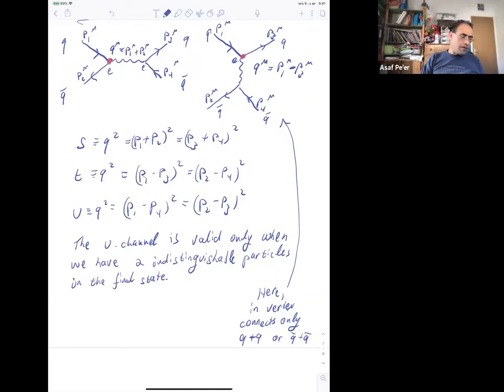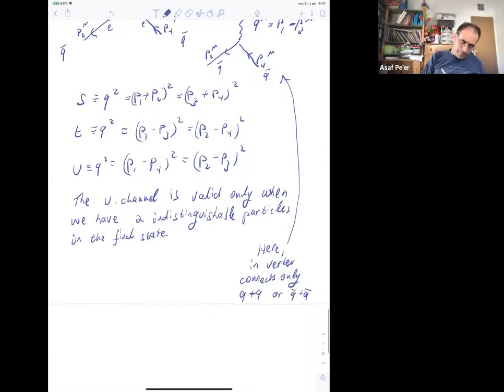But if we look at the scattering process of two electrons, e minus e minus goes to e minus e minus, then we must consider those options.